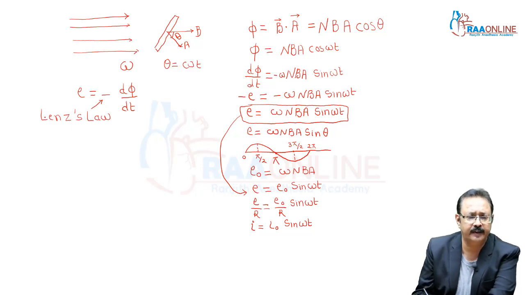What we say in general, E is equal to minus change in flux upon time in which this change occurs. But E is equal to I into R, means I into R is equal to minus delta phi by t.